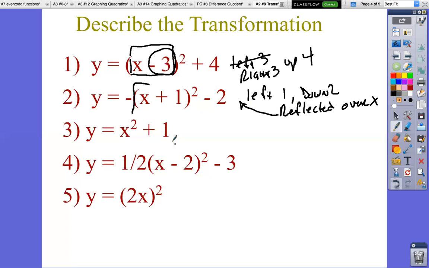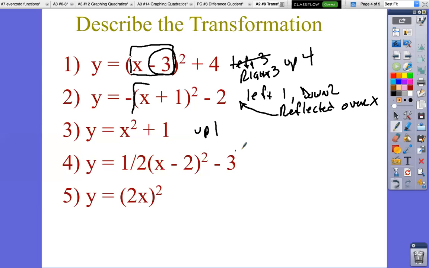What about number 3, though? What is my vertex and what's the transformation? Is it just up 1? She said up 1. Somebody verify or correct. What do you think? You can say up or left.